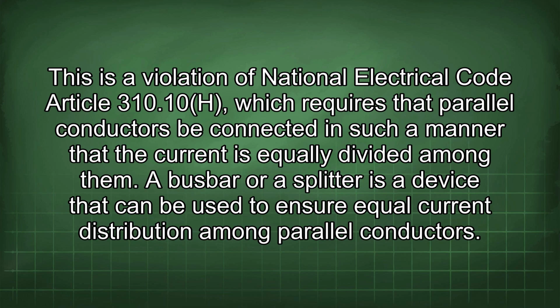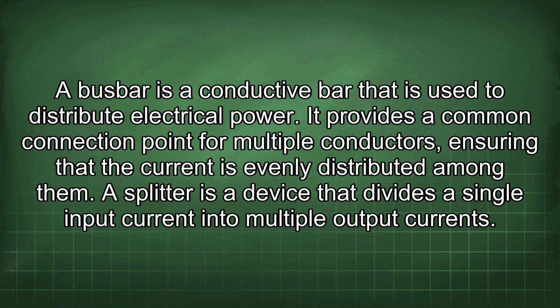A busbar or a splitter is a device that can be used to ensure equal current distribution among parallel conductors. A busbar is a conductive bar that is used to distribute electrical power. It provides a common connection point for multiple conductors, ensuring that the current is evenly distributed among them. A splitter is a device that divides a single input current into multiple output currents.